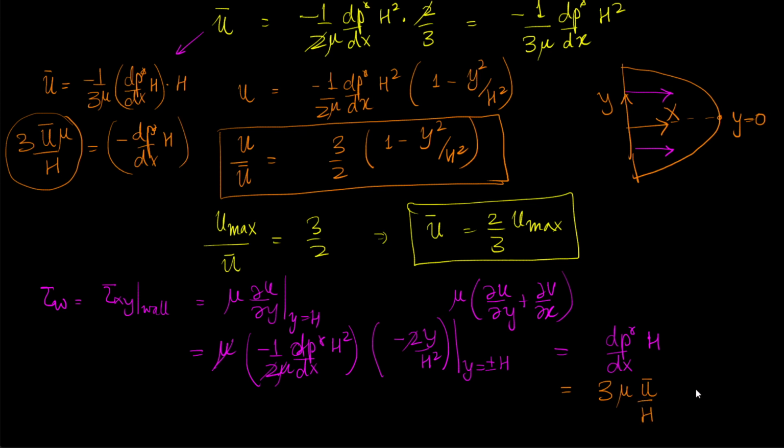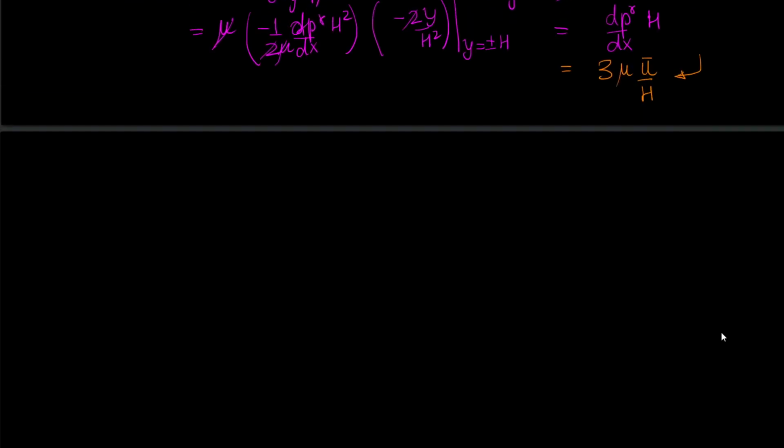Let's verify whether the dimensions are correct. The dimensions of stress are in fact mu u upon h. So this checks out. We can proceed further and express the wall shear stress in terms of the skin friction coefficient.